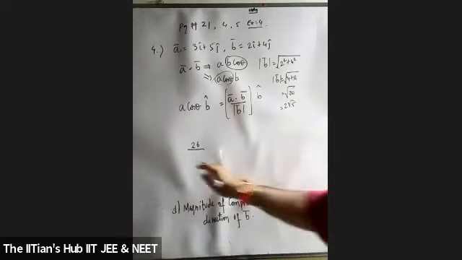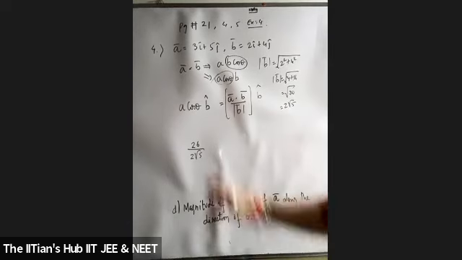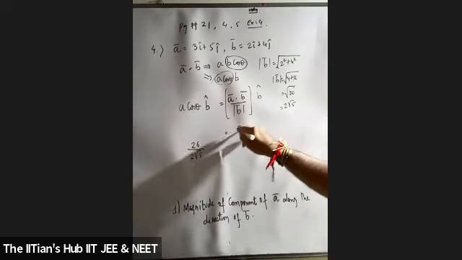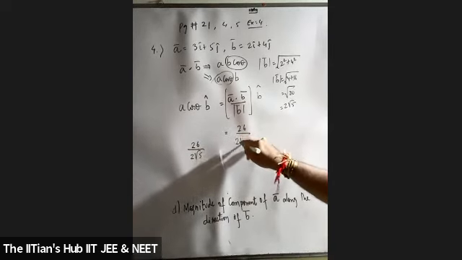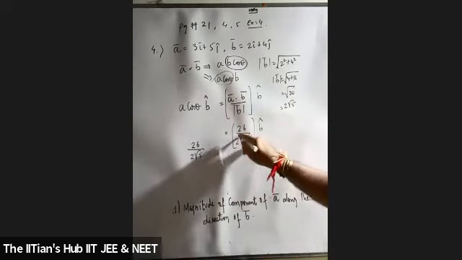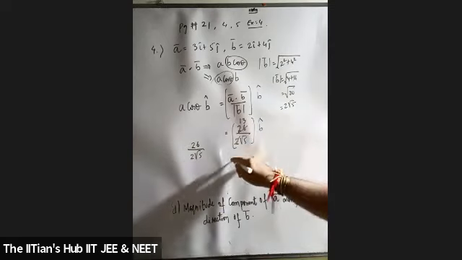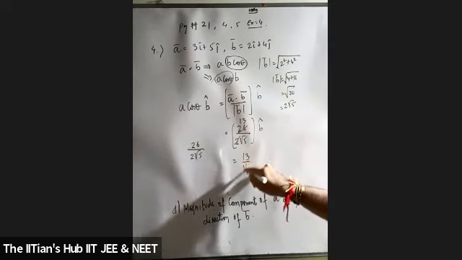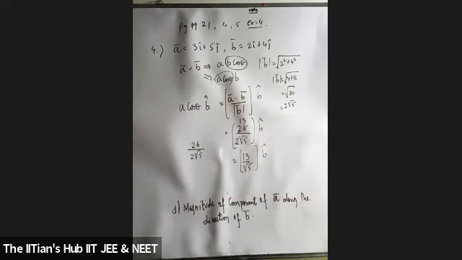Absolutely correct, 2 root 5. Can I put 2 root 5? Agreed, students? So now if I put forward my answer, can I say it's 26 upon 2 root 5 in the direction of vector B? Cancellation, 2 ones and 2. What's my answer? 13 upon root 5 in the direction of unit vector B.